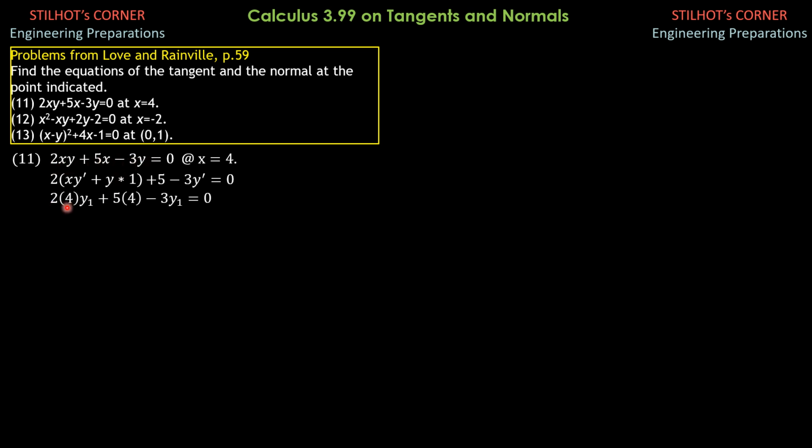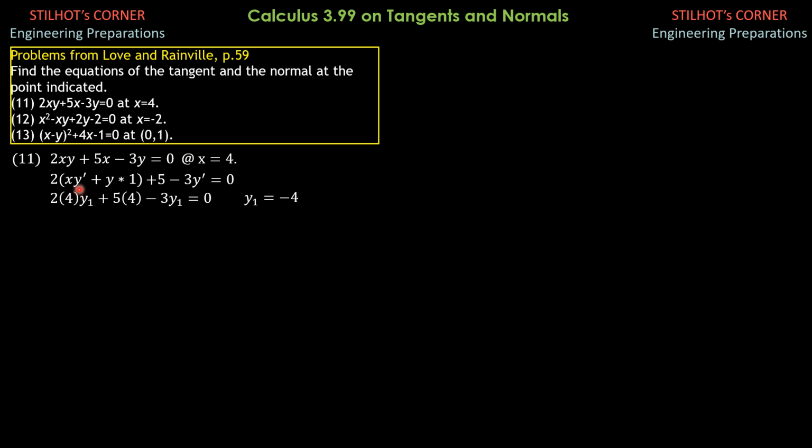So 2 times 4, because x1 is 4, times y1, plus 5 times 4, minus 3 times y1 equals 0. 8y1 minus 3y1 is 5y1. 5y1 equals negative 20. So negative 20 over 5 is negative 4. So y1 is negative 4.